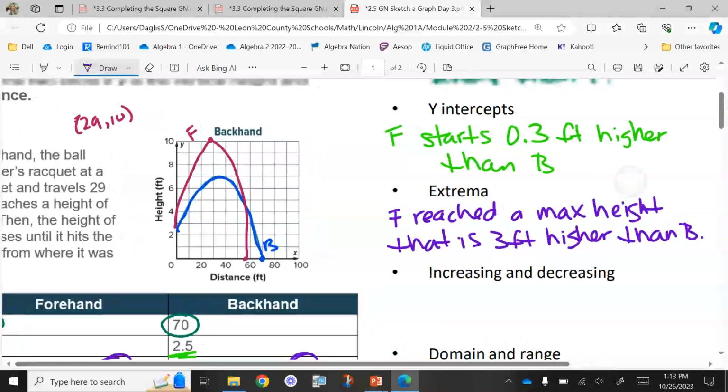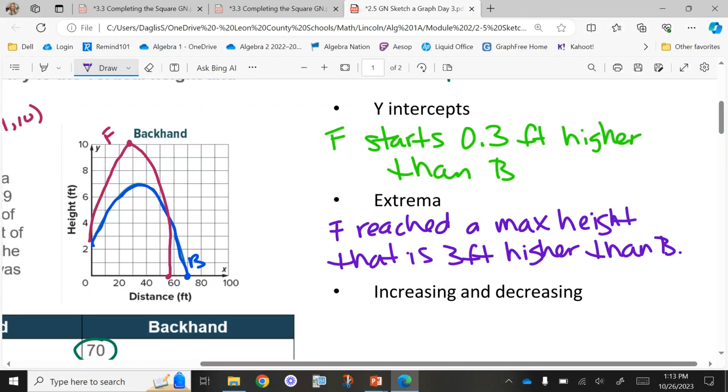I know my handwriting's not awesome. So our forehand reached a maximum height that is 3 feet higher than my backhand.